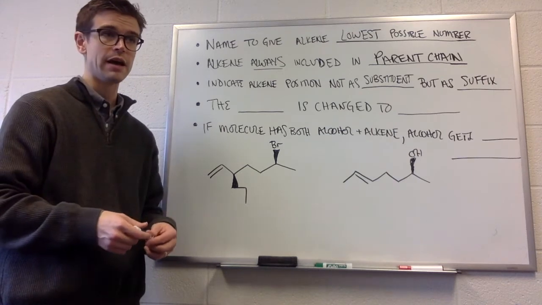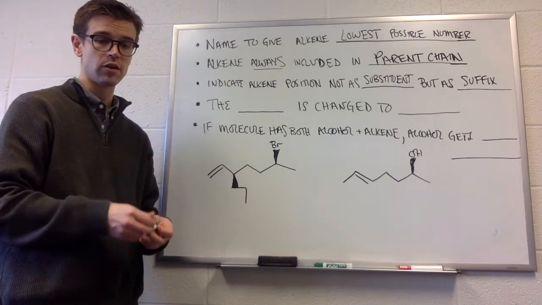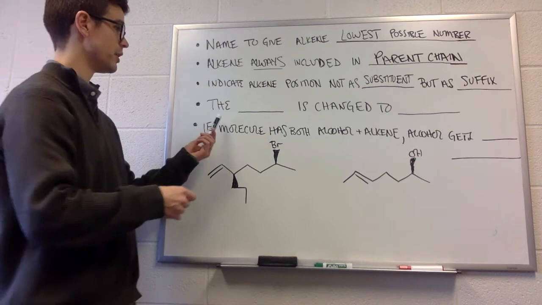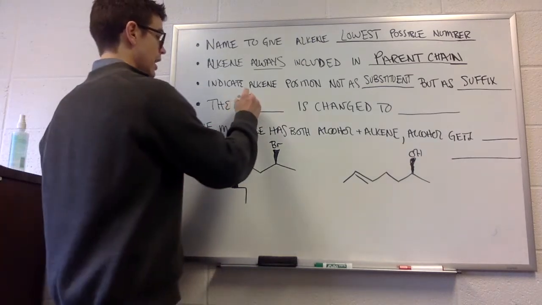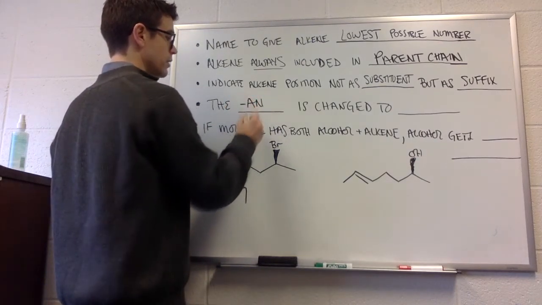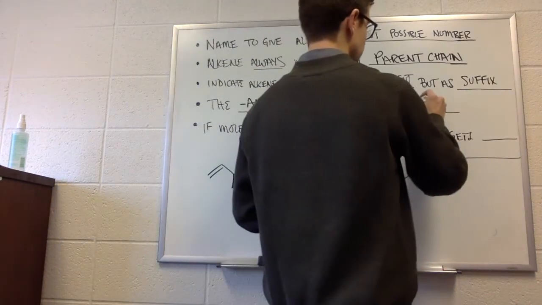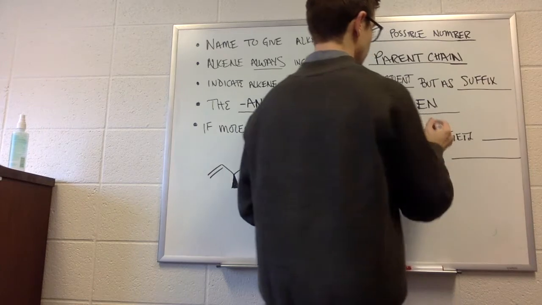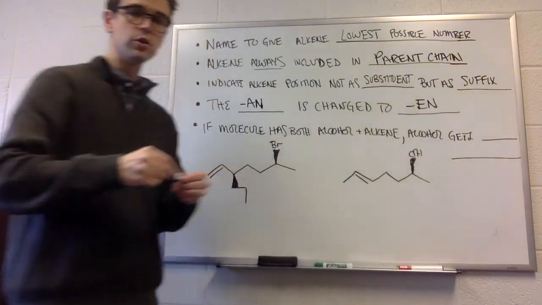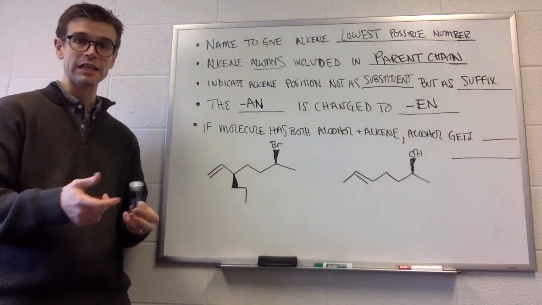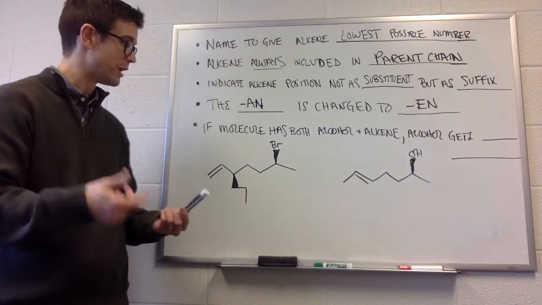Last chapter we added ol to that if it's an alcohol. Now it's going to change a little bit. The an for alkane, for alkenes, is going to be switched to en. So instead of butane, it would be butene, or instead of propane, it would be propene.